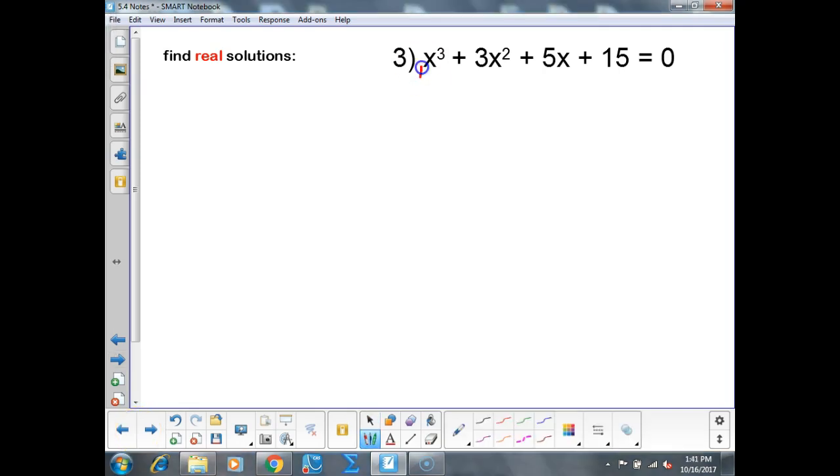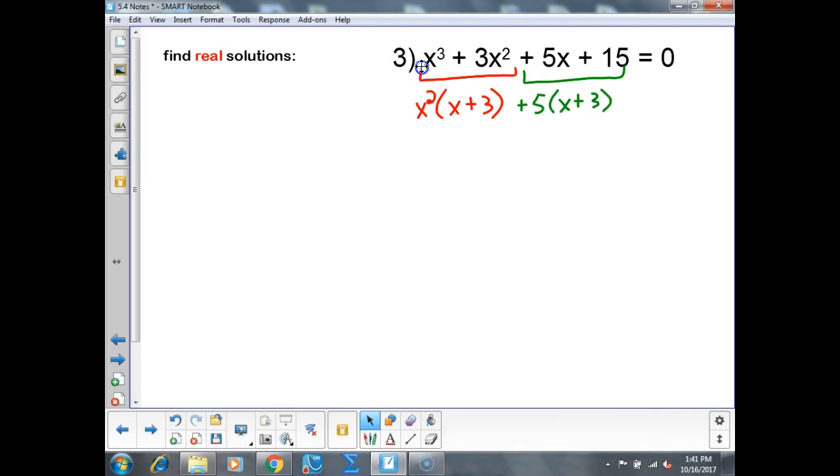So, this one's got 4 terms, so I'm automatically thinking grouping. So I'm going to factor out an x squared. That's going to leave me with an x plus 3. Then I'm going to factor out a 5. And that's going to leave me with an x plus 3.